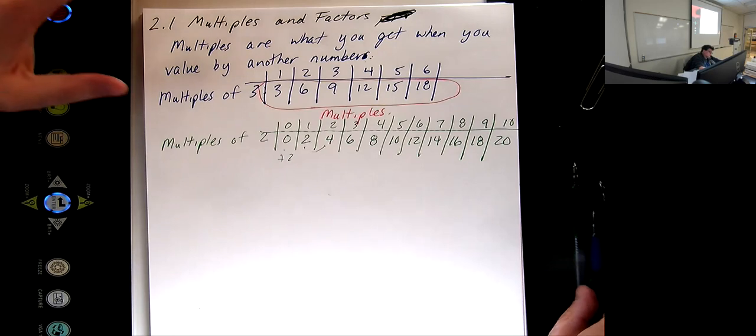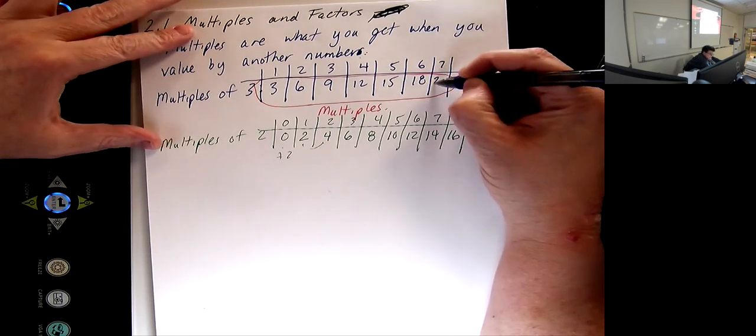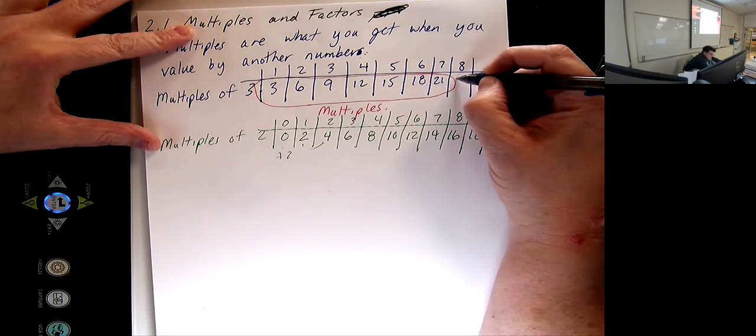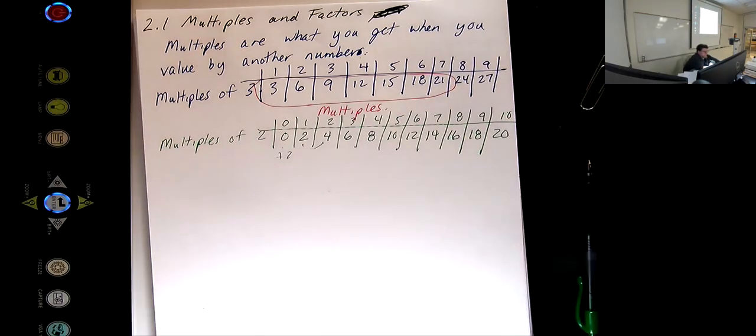In fact, I'm going to write a few more with 3 as well, because I think it helps reveal the secret to 3 a little bit easier, if you have some written down.